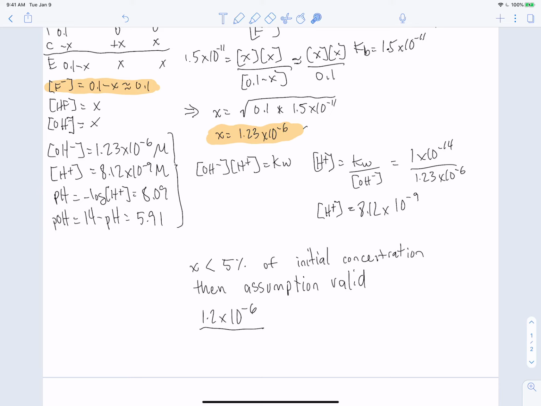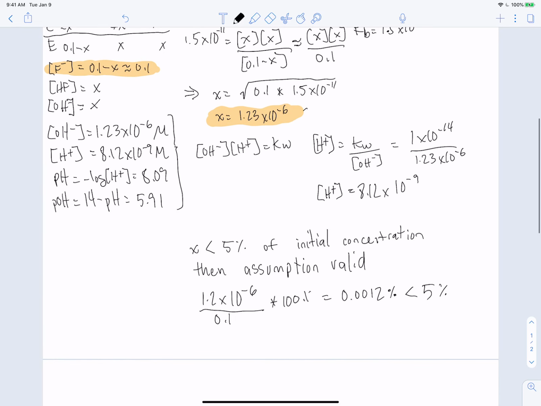So that's this number here, 0.1. And we want to express that in terms of percentages. And so what we see is, this is going to be a really small number, which is much less than 5%.